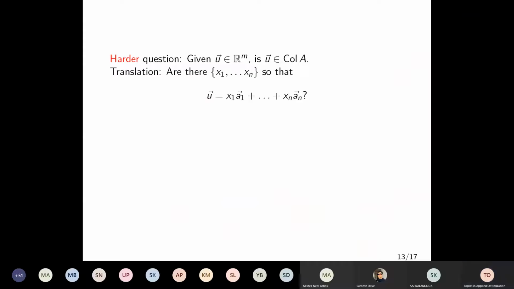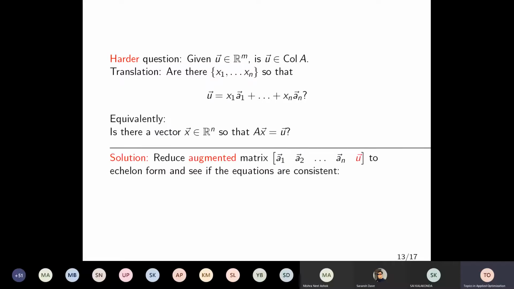So given U in Rm, U in the column space, are there x1 to xm so that this holds? As I said, this is the same thing as asking for a solution to the linear system. And how will you do it? Again, we invoke what we have studied previously. If someone is asking me whether U is in the column space of A, then I will solve a linear system with U as the right hand side and find all possible solutions, just like we did in the null space.